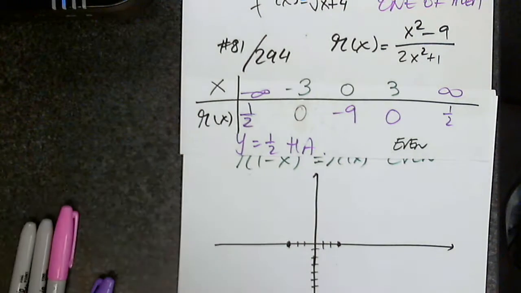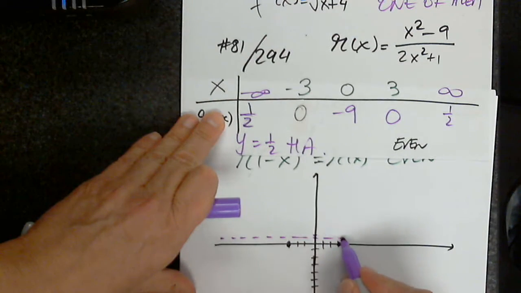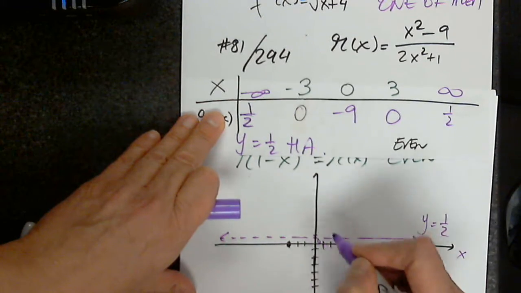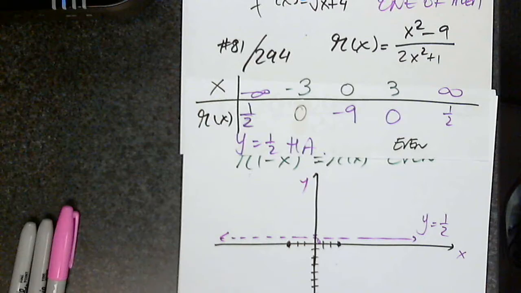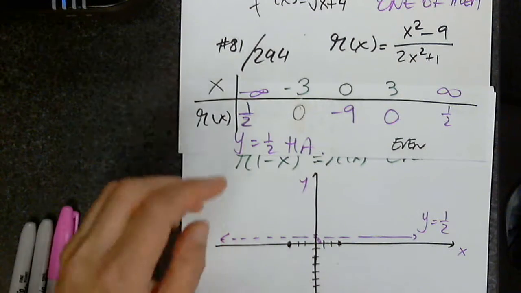And a horizontal asymptote of 1/2. So if this is 1, then the horizontal asymptote of 1/2 is this. Okay, so let's see if we can come up with an idea of a graph.